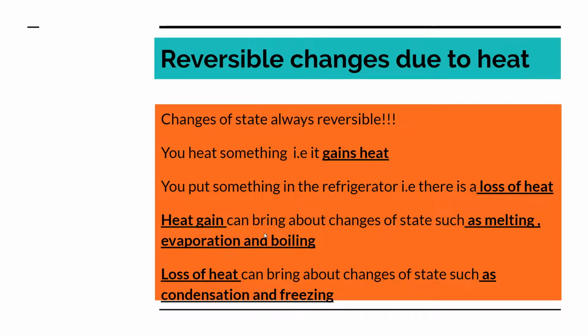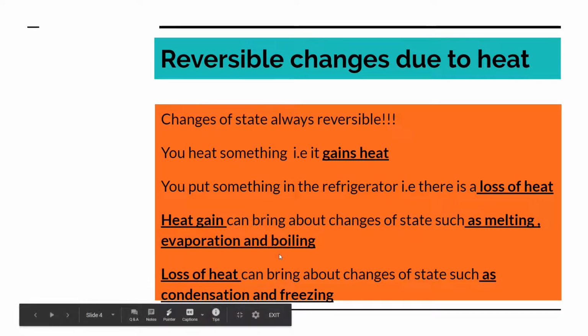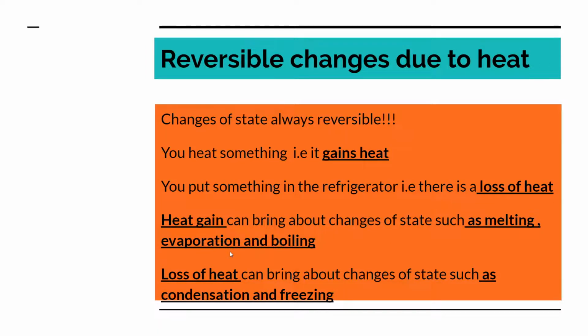So heat gain can bring about changes of state such as melting. For melting, we all know we need to give an object some heat to change it from solid to liquid. Then for evaporation and boiling, in order to change something from liquid to a gaseous state, you again need heat. So heat gain means heat is taken up by that matter.